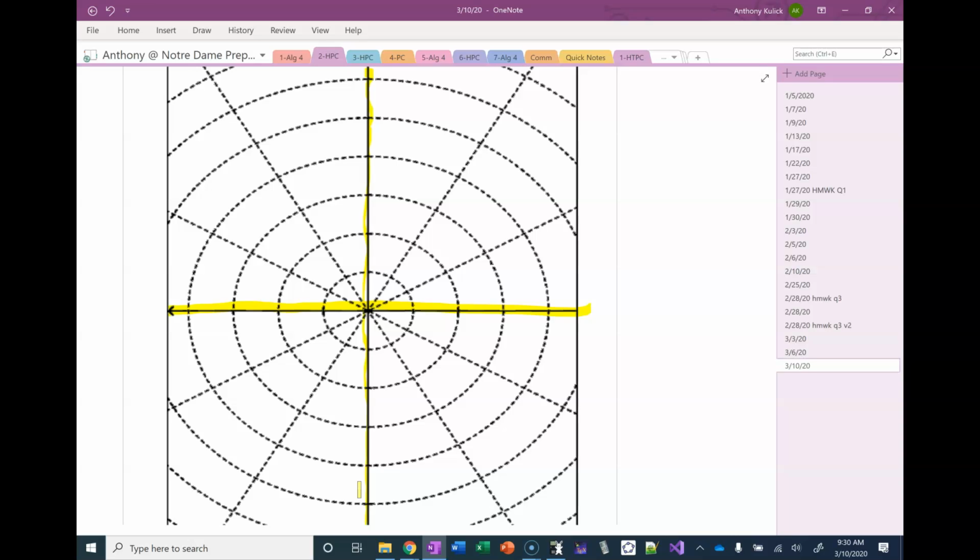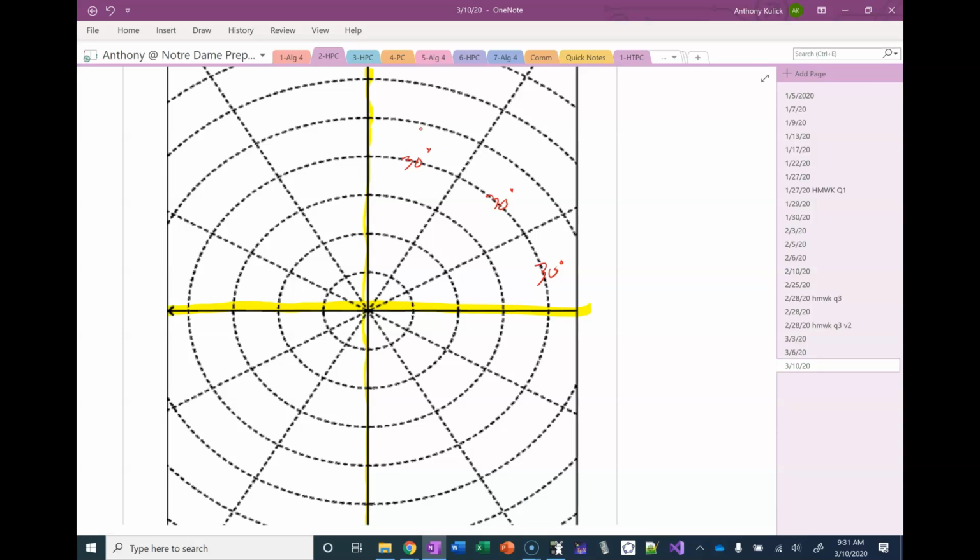But we also have these concentric circles, right? And then we have these other diagonal lines intersecting these concentric circles. So each of these wedges is 30 degrees, or pi over 6 radians.